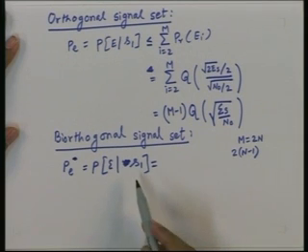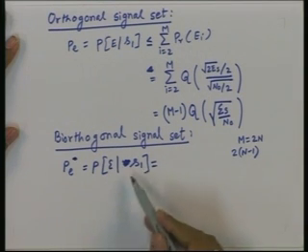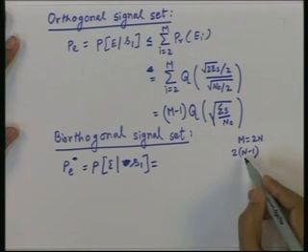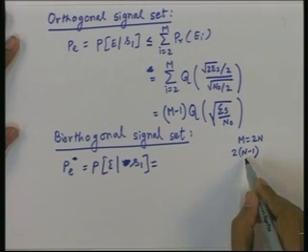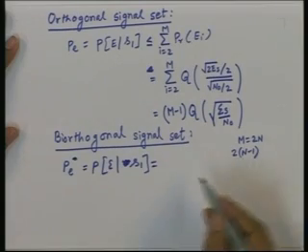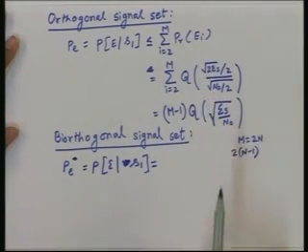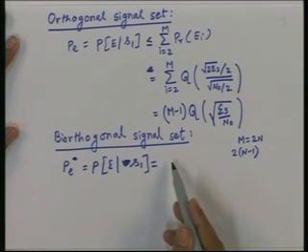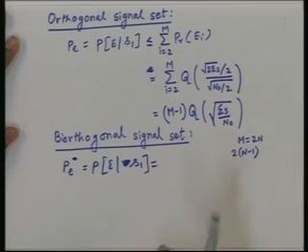So, the distance of minus S1 from S1 is different from the distance of the other signal points from S1. The distance of the other signal points from S1 is the same as what was here, root 2 Es, but what is the distance of S1 from minus S1? It is 2 times root over Es. So, those two distances are different.